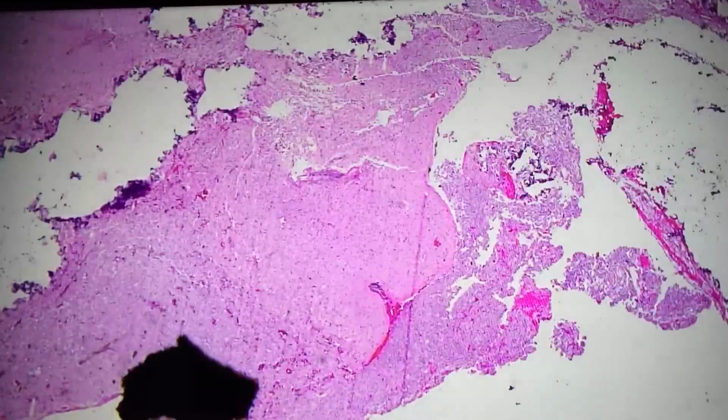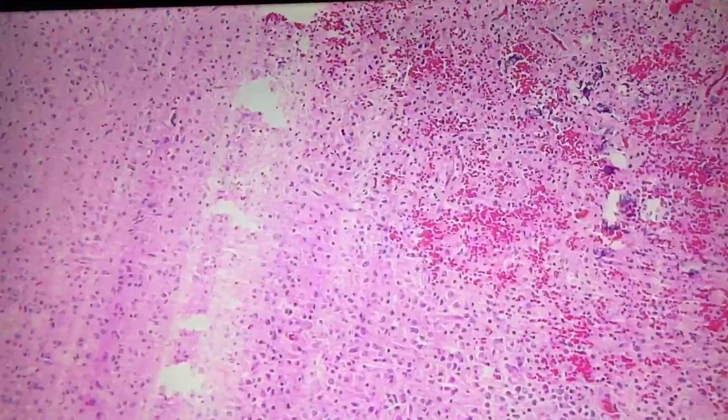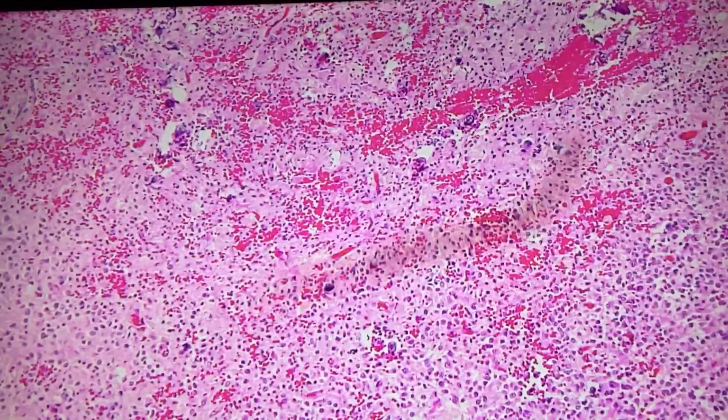So there are some cystic areas, there are cellular areas, also hemorrhage. It's mostly looking like a glial tumor. I'm just showing you the low power, just trying to give you a feel for it.